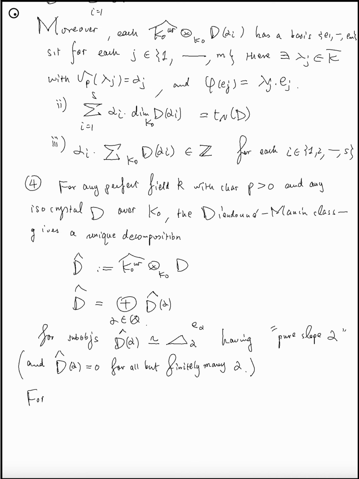For each alpha equals s over r, rational number in reduced form, which means s, r coprime, and let's assume also r positive, then the dimension of D hat alpha as K0 unramified hat vector space equals r times E alpha.